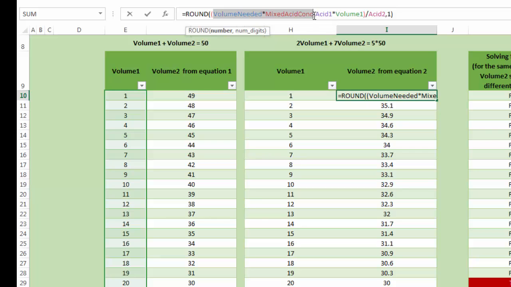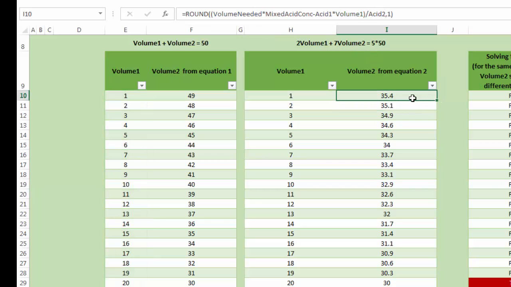So there's a subtraction operator there: the acid 1 concentration multiplied by the volume 1, which is this bit here. Then divided by the 7, which is the concentration of acid 2. When you do that operation, you get volume 2 as the unknown.